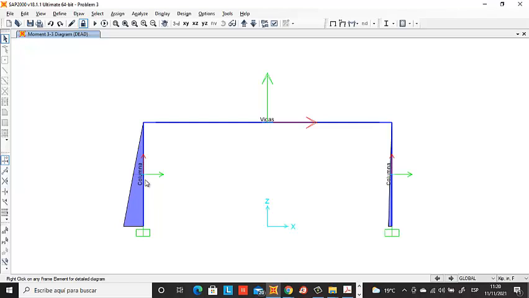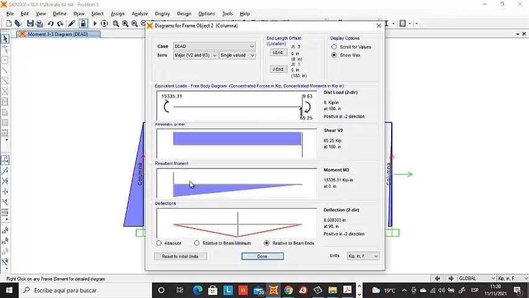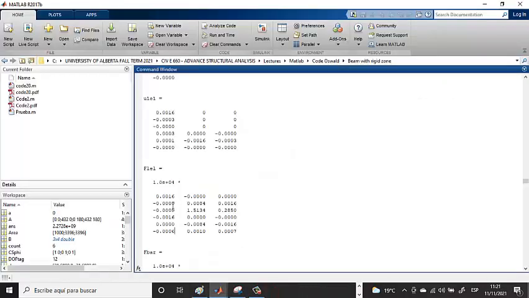For the column, for example, we can say this is the biggest one. It's like 15,000, multiplied by 10 to the fourth, 1.5 times 10 to the fourth.